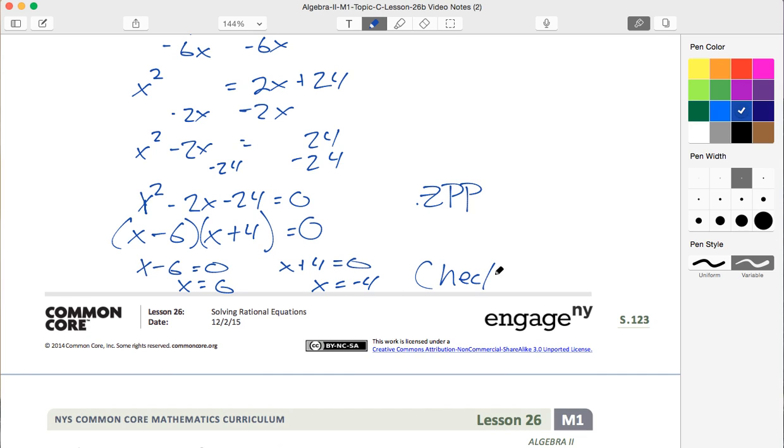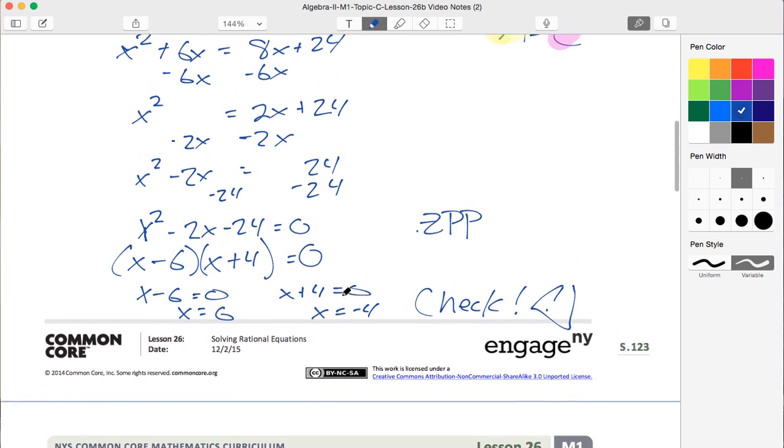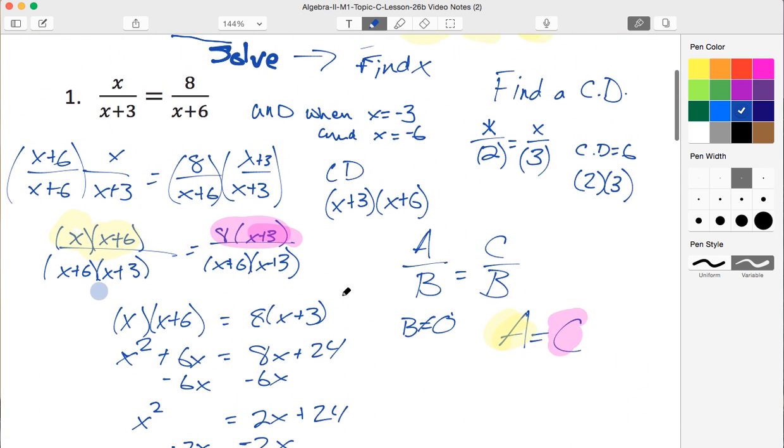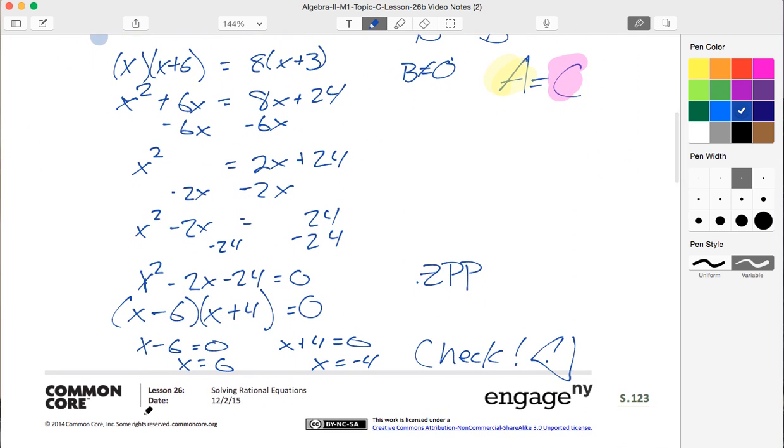Check! Oh my goodness. You may have to put like a caution sign here. Check. Are your solutions going to make your equation undefined? So scroll back up, and we said it's going to be undefined when x is equal to negative 3 and negative 6. Oh no, what was our answer? Positive 6. Okay, so these answers check out.